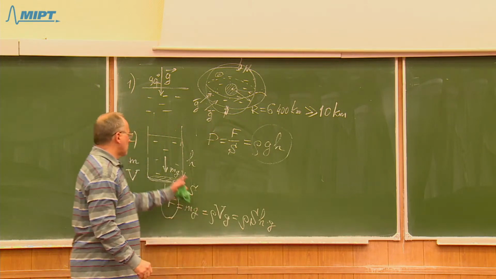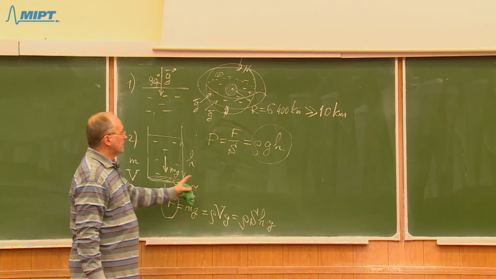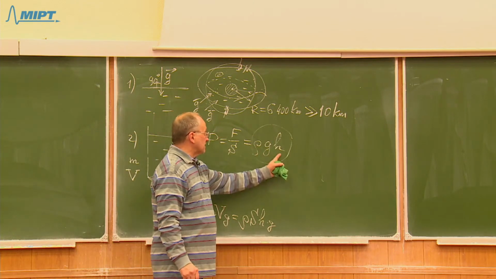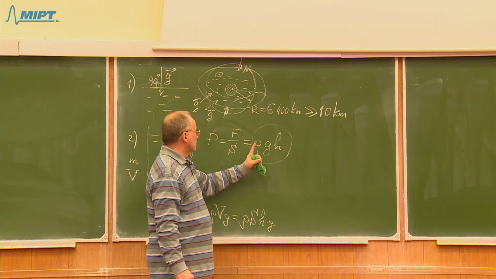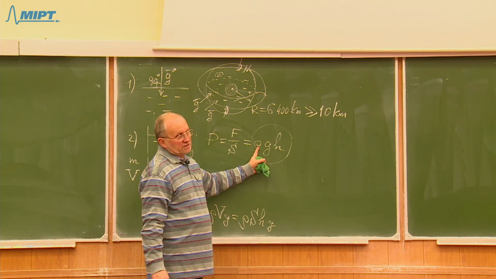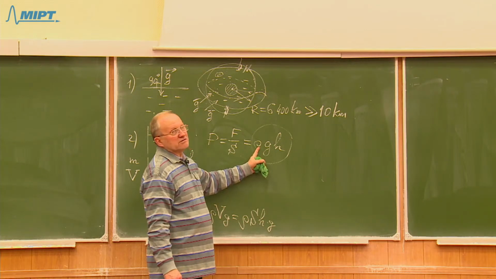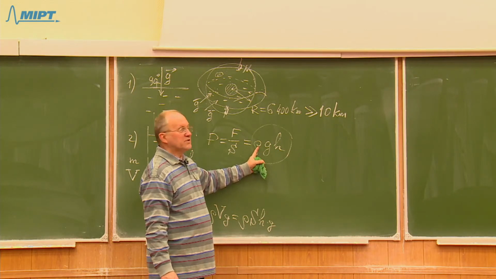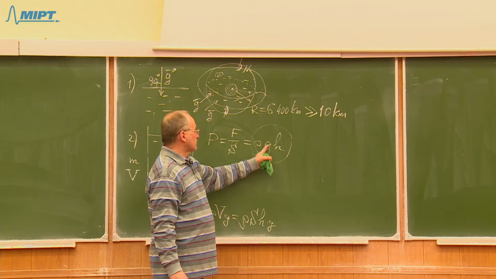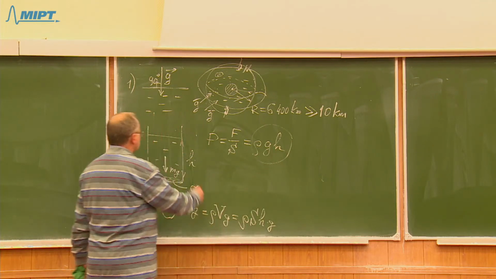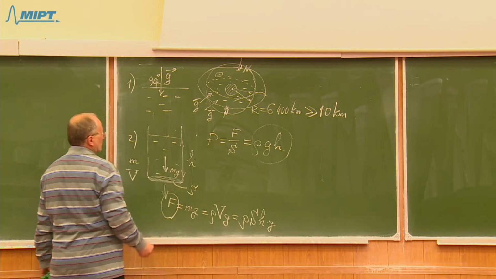So there is some pressure inside the liquid, and the pressure created by the liquid is proportional to the density of the liquid, that is, how many kilograms are in 1 cubic meter, and the acceleration of free fall, and the depth under the surface of the liquid.